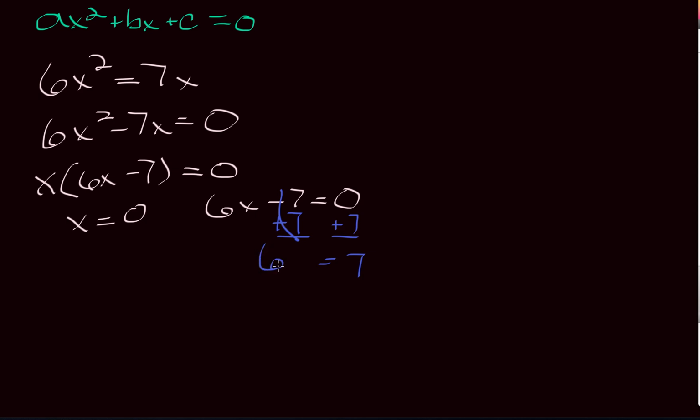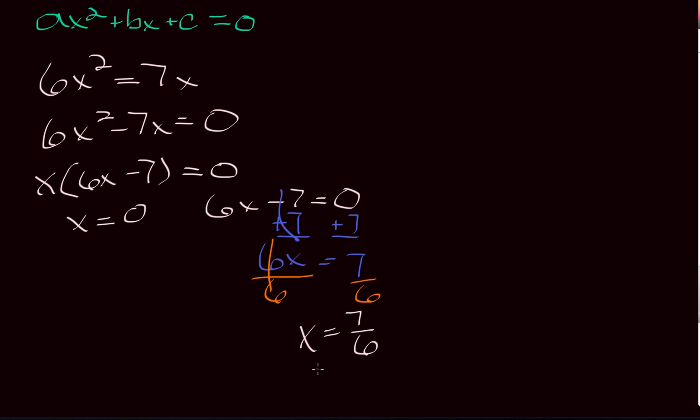And so we have 6x equals 7. The next thing we're going to do, obviously, is divide by 6. And really and truly, we have an answer. Let's go back to this guy and we say x equals 7 over 6.